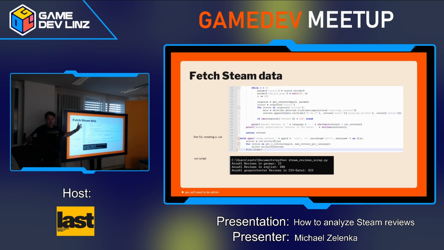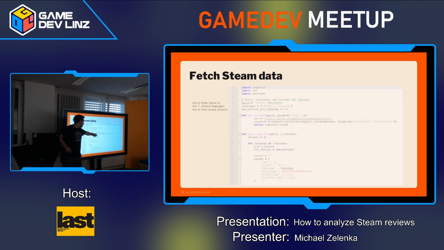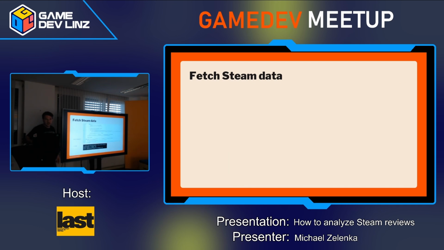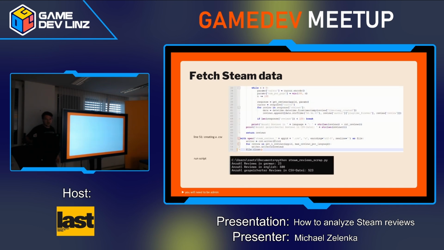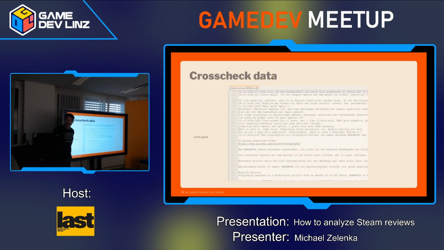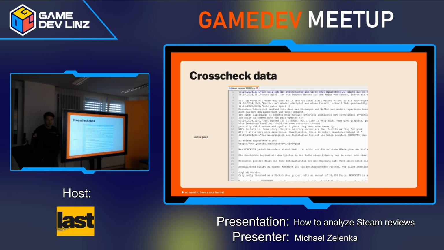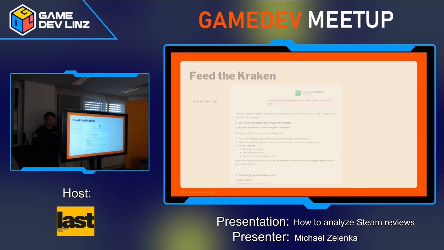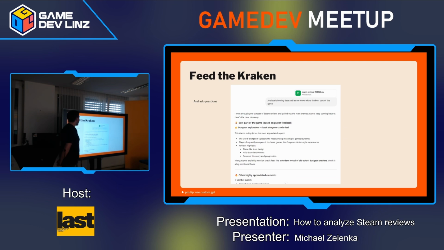You get the data from Steam, and when you're done, you just cross-check the data. It doesn't matter how it looks because the AI can analyze it anyway, and then you feed the AI.